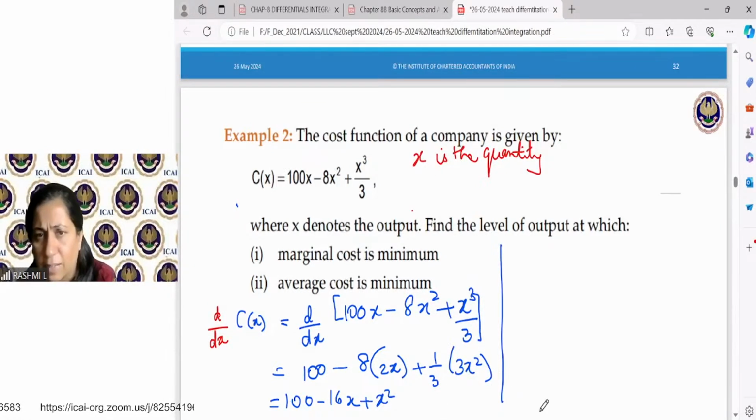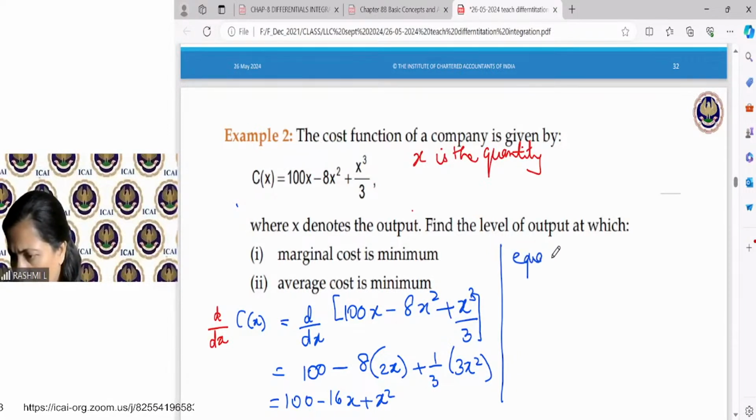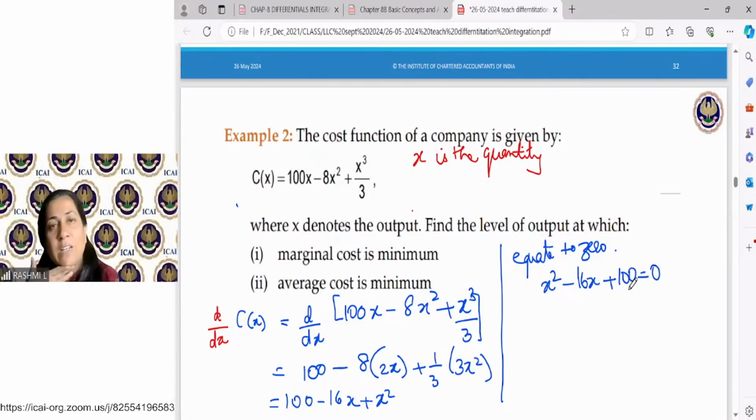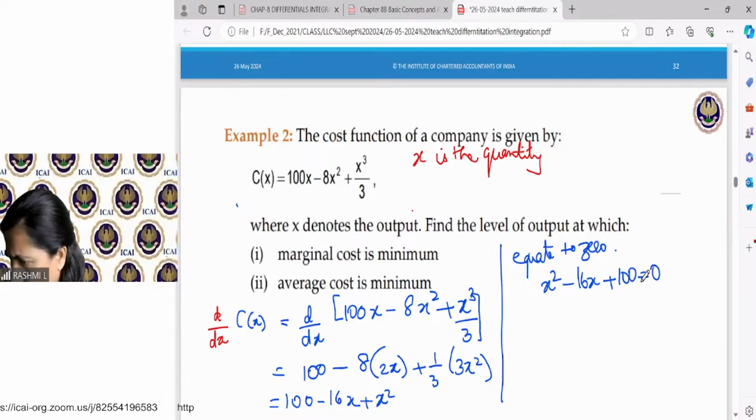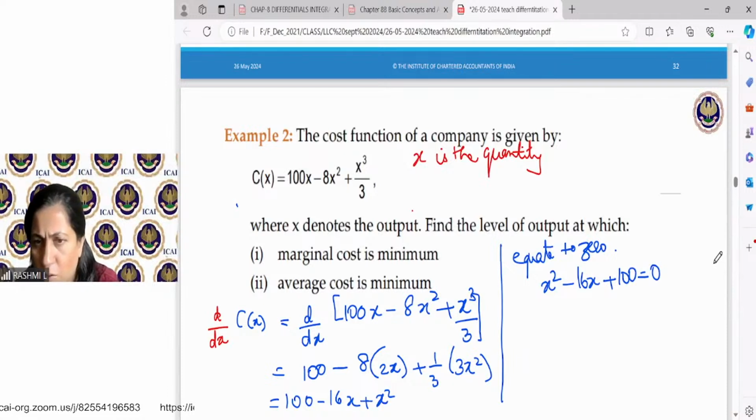Now, if I find this, what will I get? I get this. Now equate to 0. What will I get? X square minus 16x plus 100 is equal to 0. What are the factors of 100? 25 and 4, 20 into 5. So what will I have here?